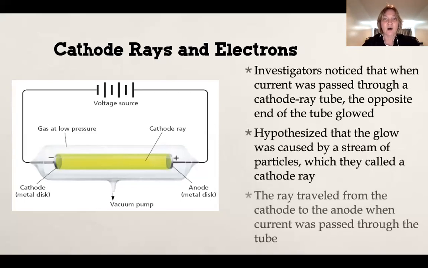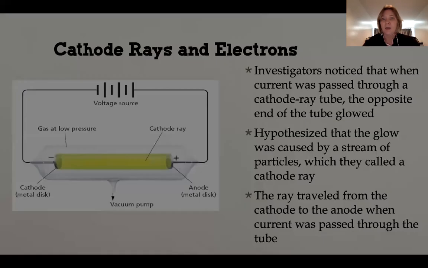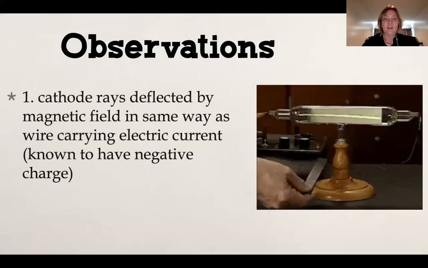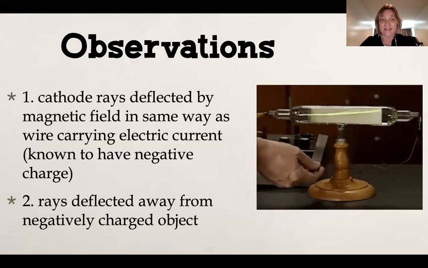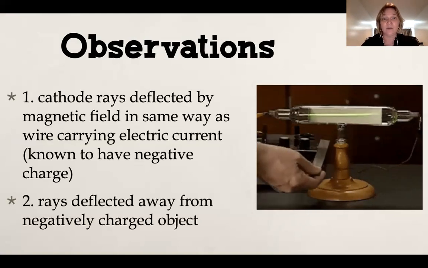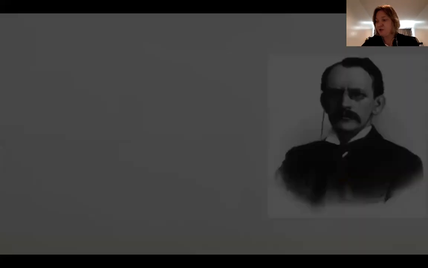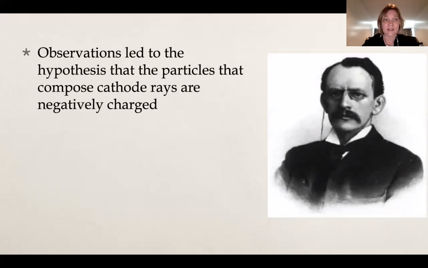So scientists saw this beam of light basically being created, and they hypothesized that it was being caused by a stream of particles. They called that the cathode ray. And again, it traveled from the cathode, which is negative, to the anode, which is positive. And again, when you have a magnetic field deflecting the ray away from the negative charge of the magnet, that gives you two hypotheses.